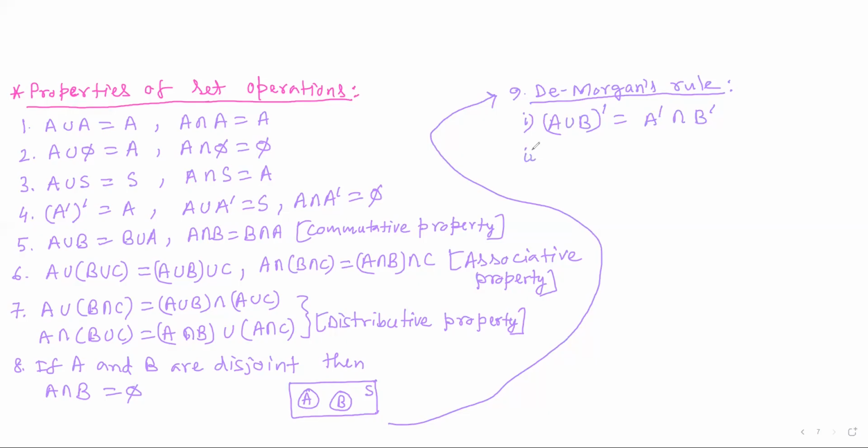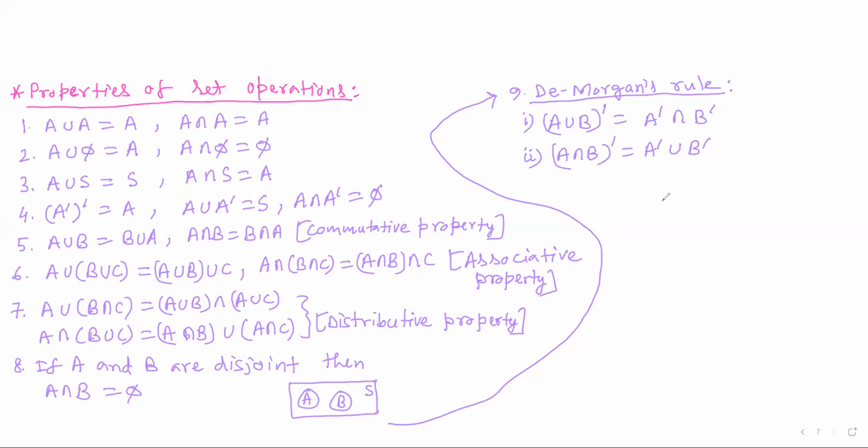Similarly, another type is (A intersection B) whole complement, which is equal to A complement union B complement. When we take the individual complements, the intersection sign becomes union. So these are the two important rules called De Morgan's rule.